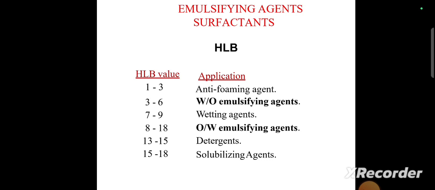If the HLB value lies between 8 to 18, the application is basically as an oil in water emulsifying agent. If the HLB value is 13 to 15, the application is as a detergent. If the HLB value lies between 15 to 18, the application is as a solubilizing agent.